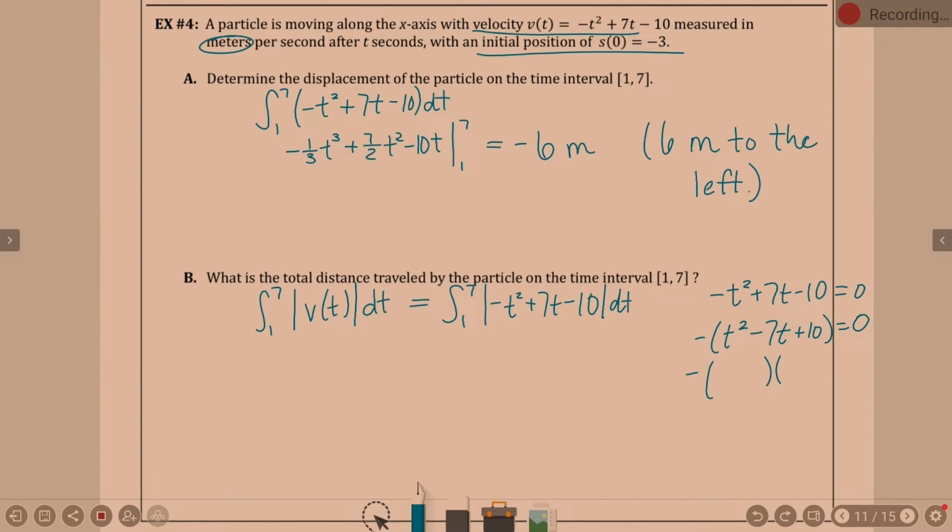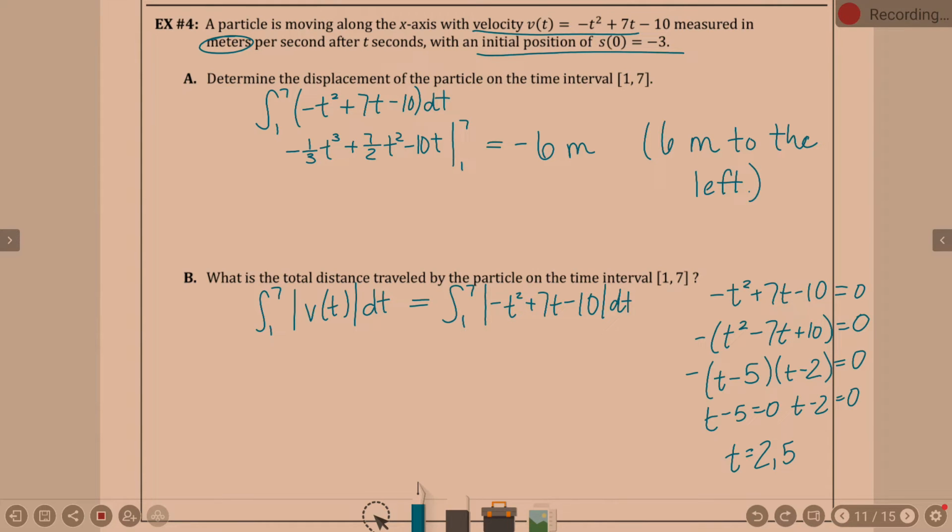So that's going to factor, t and t. What numbers do I need? 2 and 5, both negative. Which means when I set these pieces equal to 0, we're going to end up with t being 2 and 5.